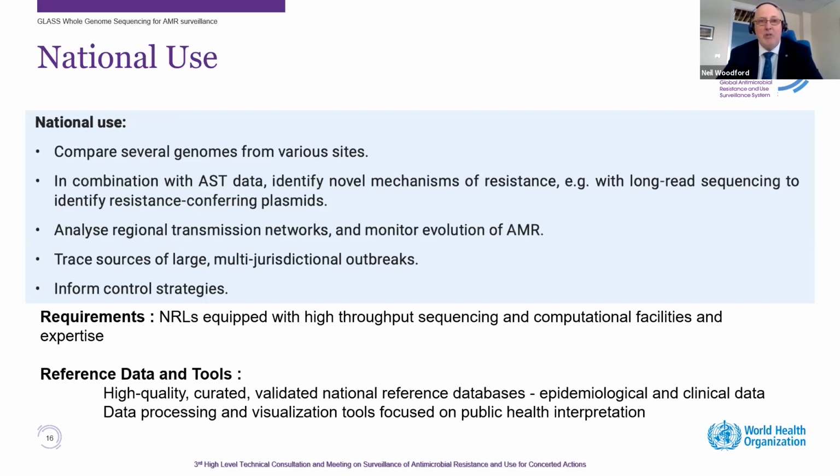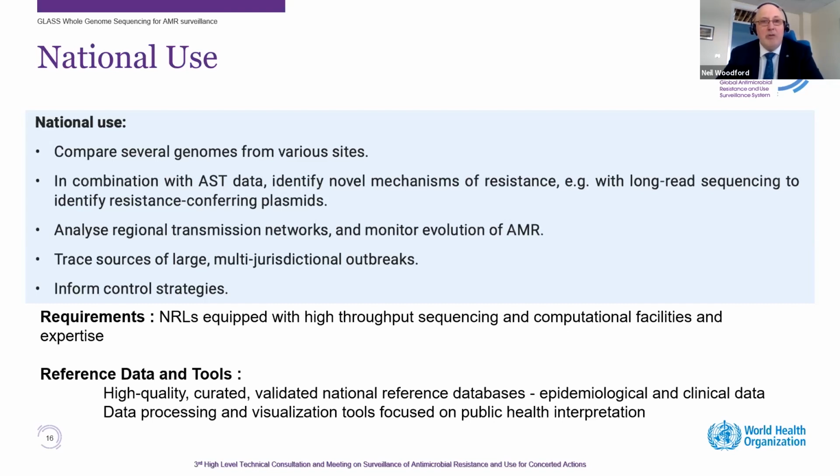And there are examples here, for example, with highly resistant strains of Neisseria gonorrhea, where sequencing data has been used to be mapped onto sexual networks. It also allows sources to be identified if within your country your outbreak crosses jurisdictional boundaries, different states or different provinces. And again, it can help inform control strategies.